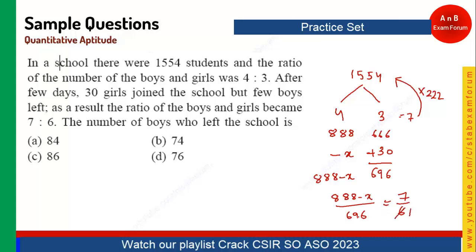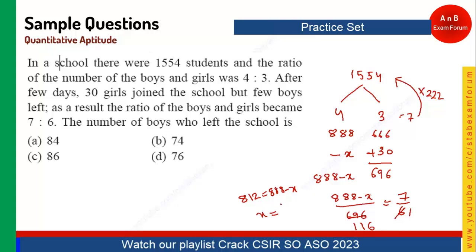Cut with 6: 696 divided by 6 is 116, multiplied by 7, you will get 812. So 812 equals 888 minus X. So X will be 888 minus 812. So what will you get?